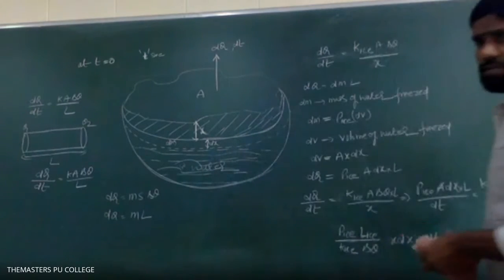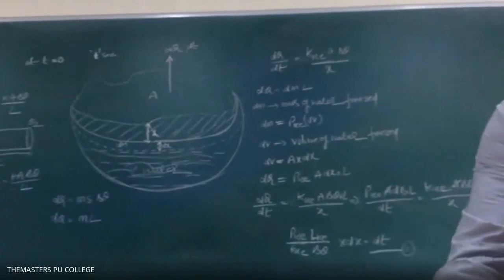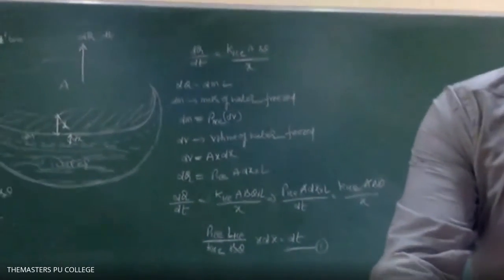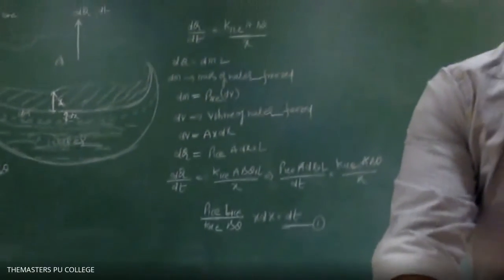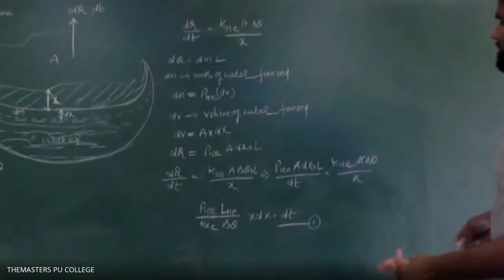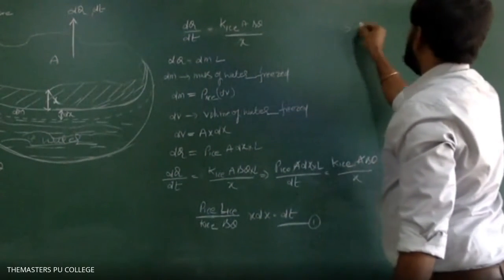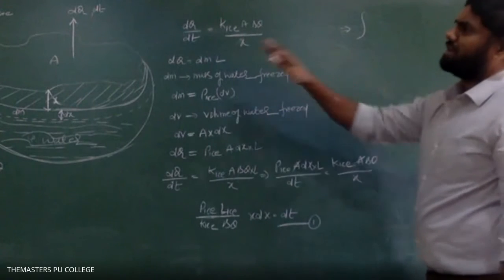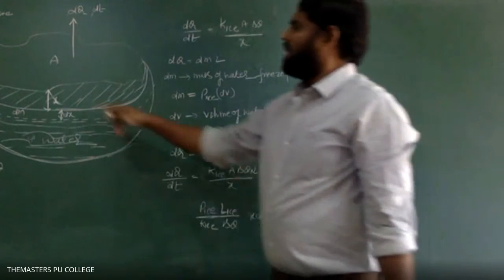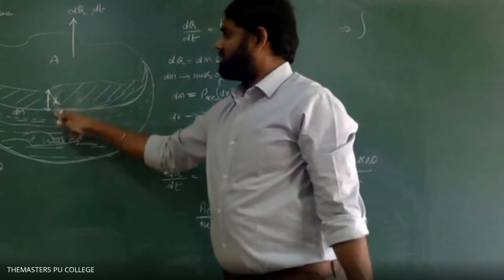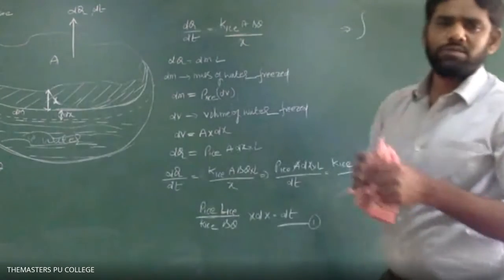Therefore, integrating this relation with proper limits: time is changing from 0 to t, and x value is also changing from 0 to x. At t equals 0 there is no ice layer.